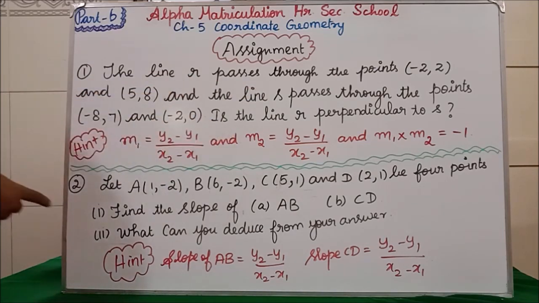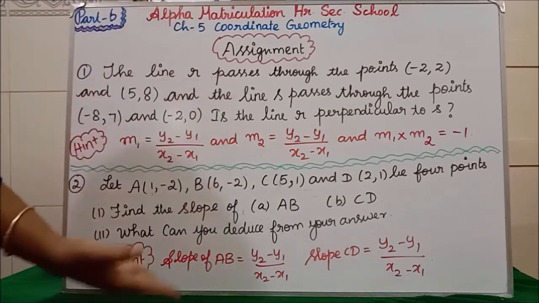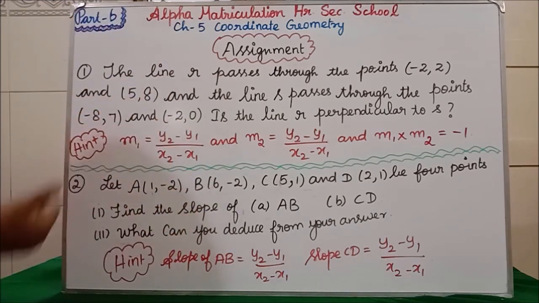Here in the second subdivision, what can you deduce from your answer? See whether the slope of AB and the slope of CD are the same. If m1 is equal to m2 then it is parallel. Therefore AB and CD are parallel lines you have to write.